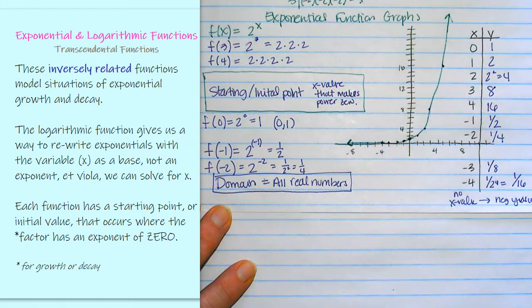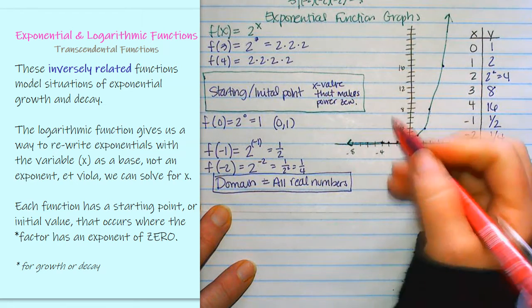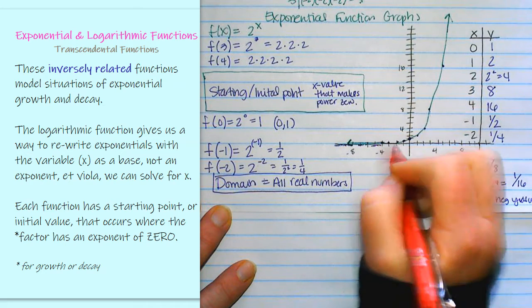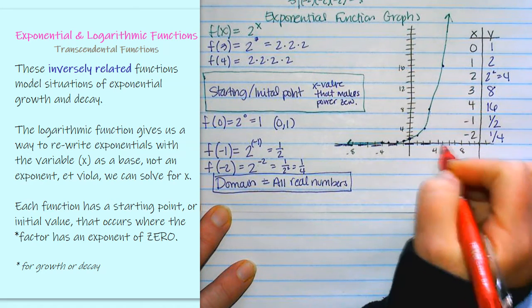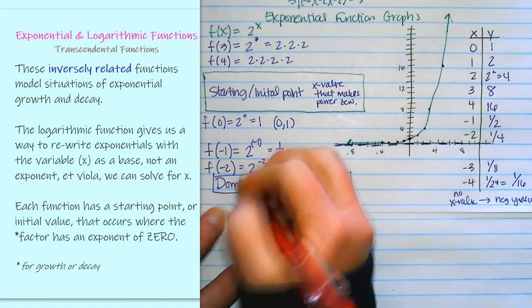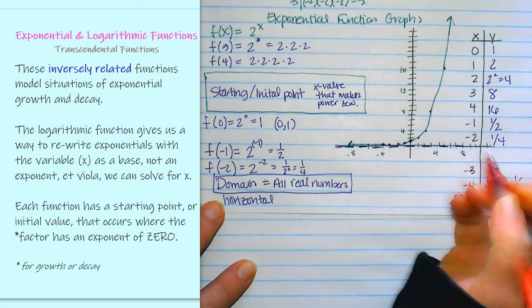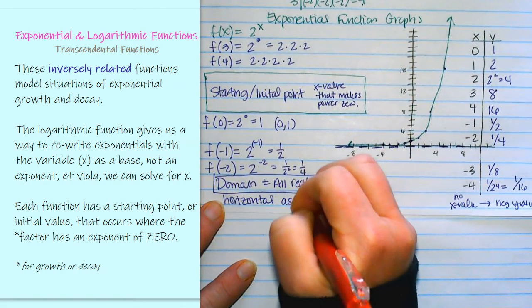So we're going to call this a horizontal asymptote at 0. So just like we did with rational functions, asymptotes become a border for the graph.